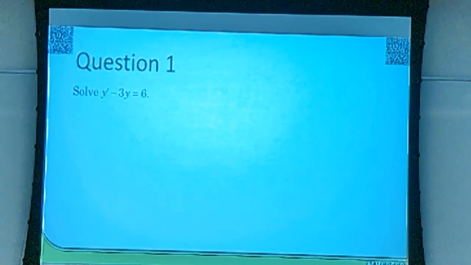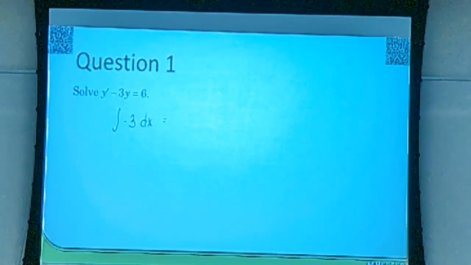Second, check, is it in standard form? Yes. The coefficient of y prime is 1, so it's standard. What is the coefficient of y? So you find its antiderivative. That one's easy to find. What is it?